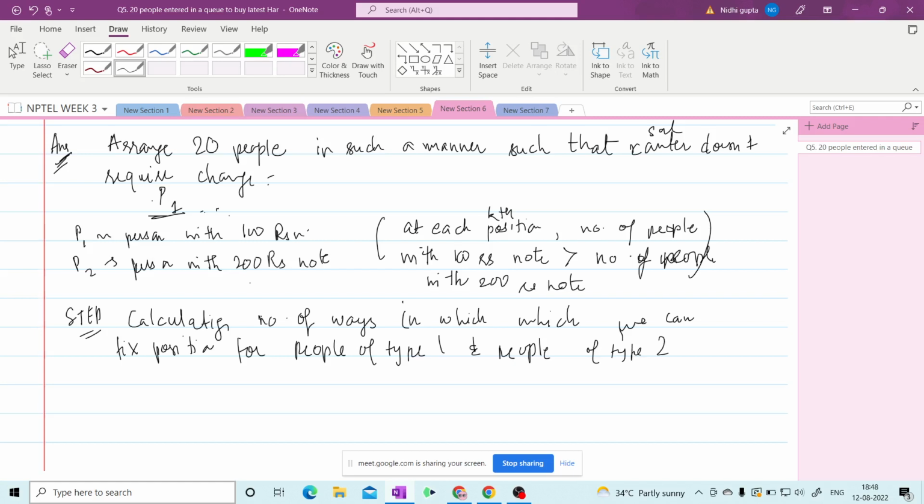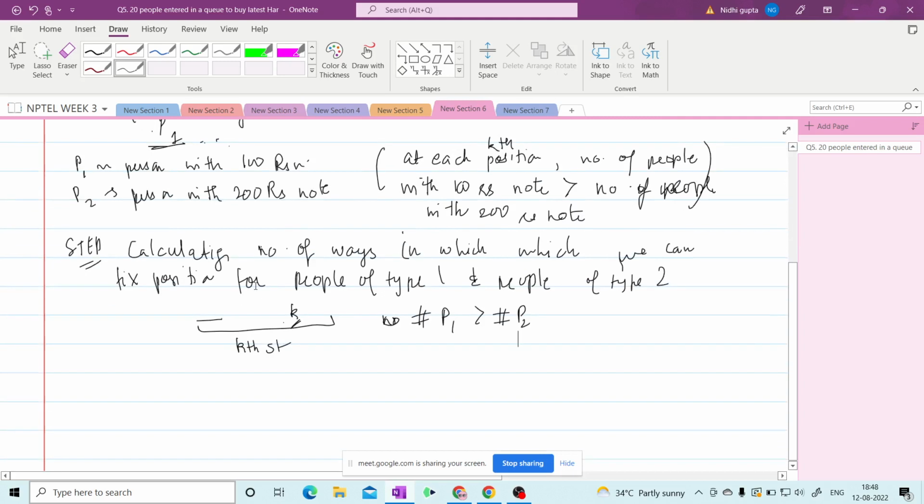And what is our condition? That at each kth step, the number of P1 should be more than the number of P2. So any guesses how can we solve this problem?